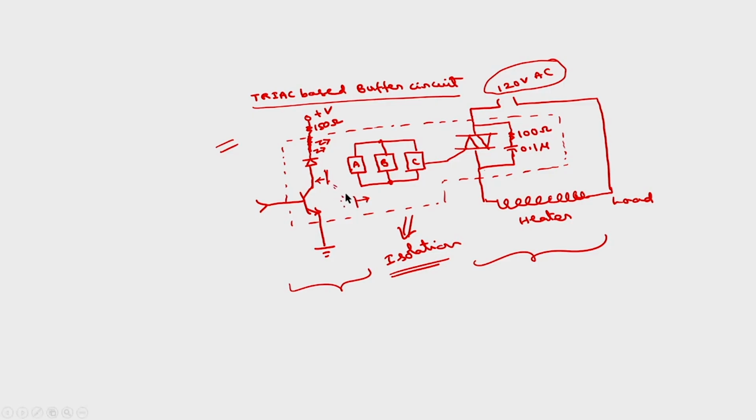Okay. Now how will the coupling take place here? Through this LED. Okay. This LED, whenever I apply, this is from the output port of 8255. So whenever this LED glows, A will act as a photo transistor.